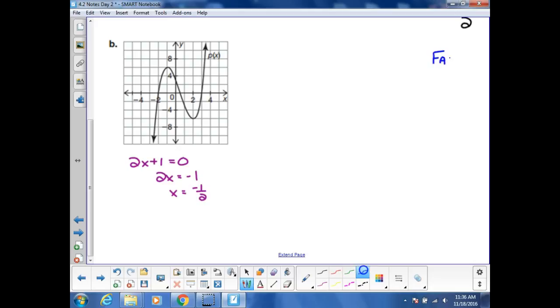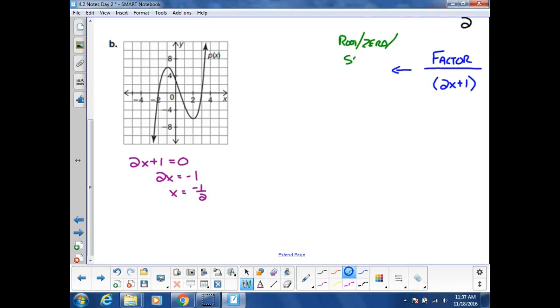So, logically speaking now, let's work backwards. If 2x plus 1 is a factor, right? Then what is the root, the 0, or the solution? If 2x plus 1 truly is the factor, what's the root, the 0, or the solution?